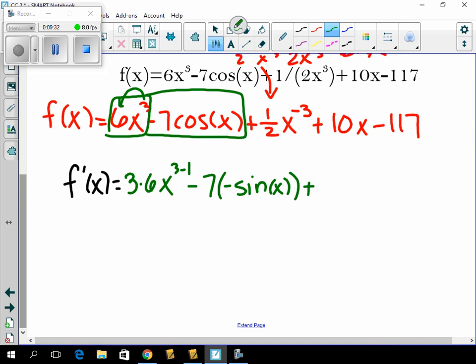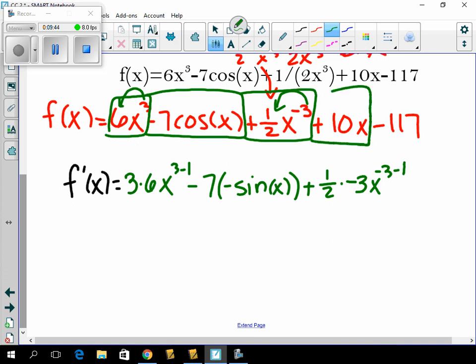Plus this 1/2 x to the negative 3, bring down the negative 3. I have 1/2 times negative 3, x to the negative 3 minus 1, plus 10x. We have a constant, so I'm just going to leave it, plus 10, and then the derivative of x is just 1, so 10 times 1.